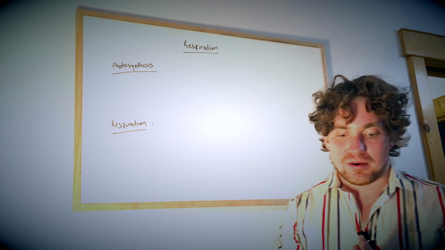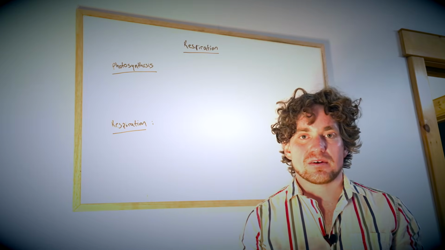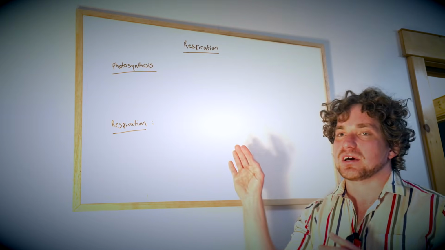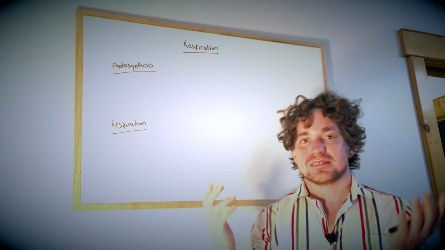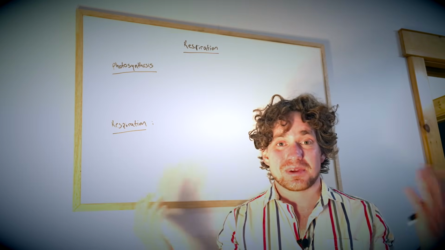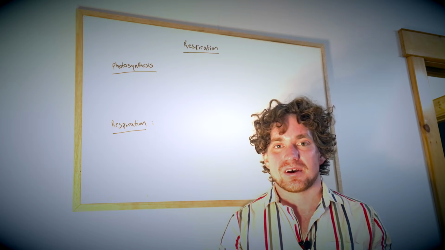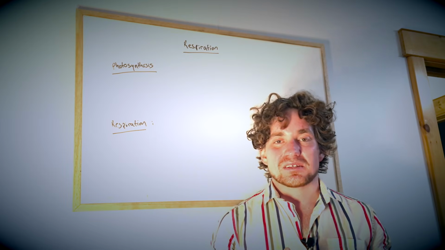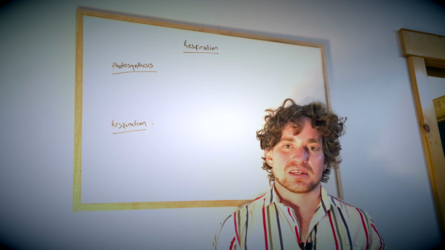So respiration is carried out in all living tissues. Above ground tissues in a plant are bathed in an atmosphere that is rich in oxygen. Everyone take a breath, and you're breathing in about 20% oxygen.